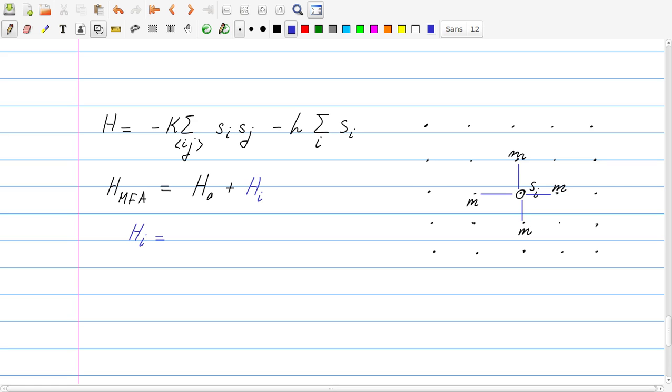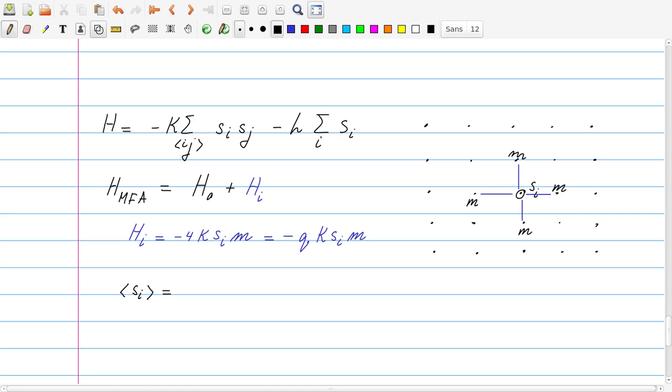We know exactly what the Hi is. It's the coupling between spin Si and its 4 neighbors, which have a value of m. So we have minus 4 times k times Si m. And more generally, if there are q nearest neighbors, this is not specific for the square lattice in 2 dimensions, we have just minus q k Si m, where q is the number of nearest neighbors of each site.